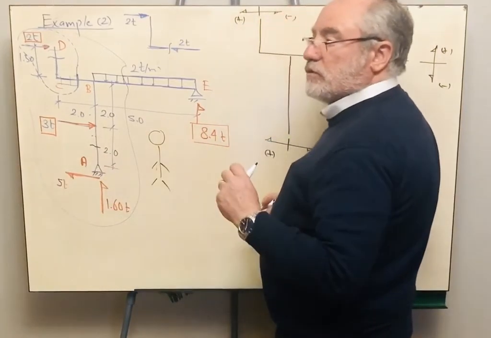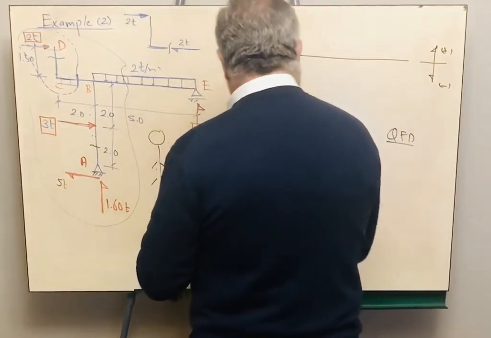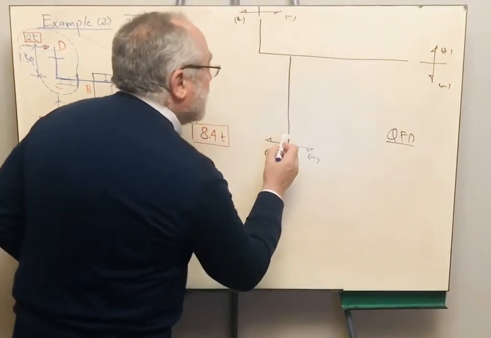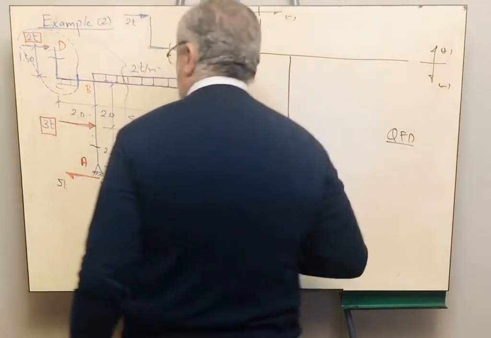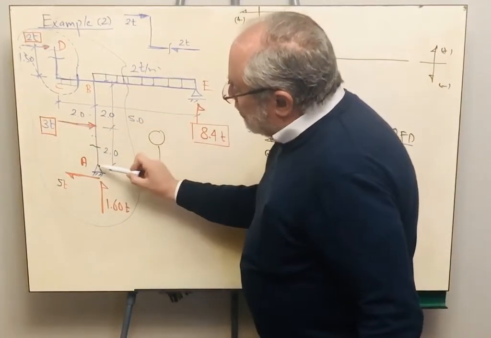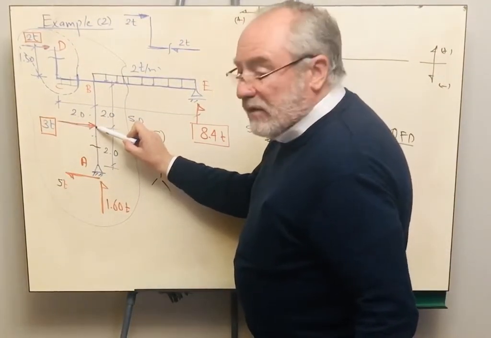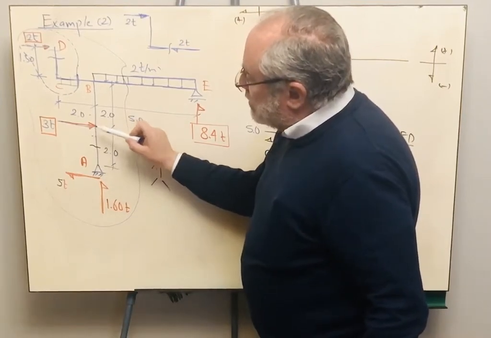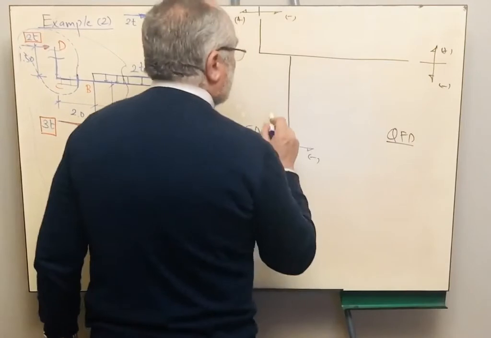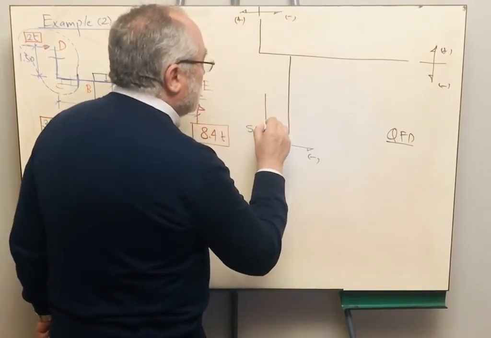This is a positive shear. Therefore, I will come here and I will indicate positive shear. Okay. From this point to this point, I don't have any forces applied on the central line. This means that the shear should be constant. Therefore, the shear will be constant like this.